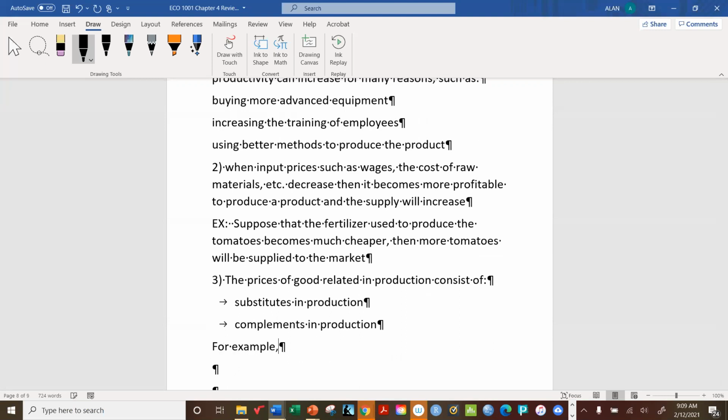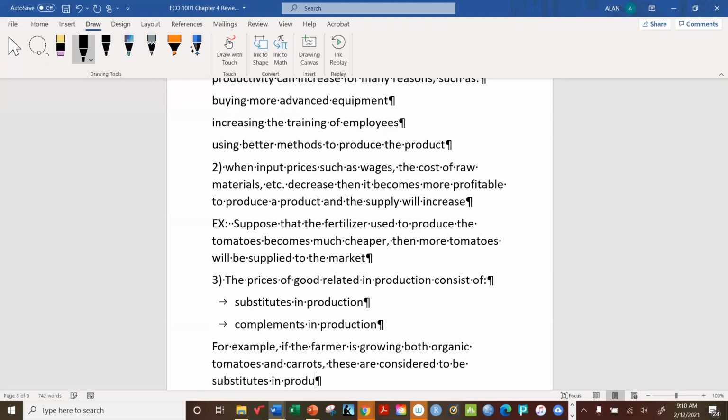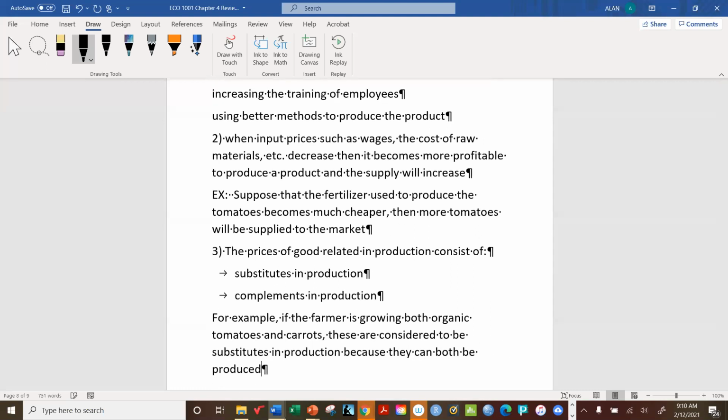For example, if the farmer is growing both organic tomatoes and carrots, and these are considered to be substitutes in production because they can both be produced with the same resources. It's just a question of which one do you want to plant.